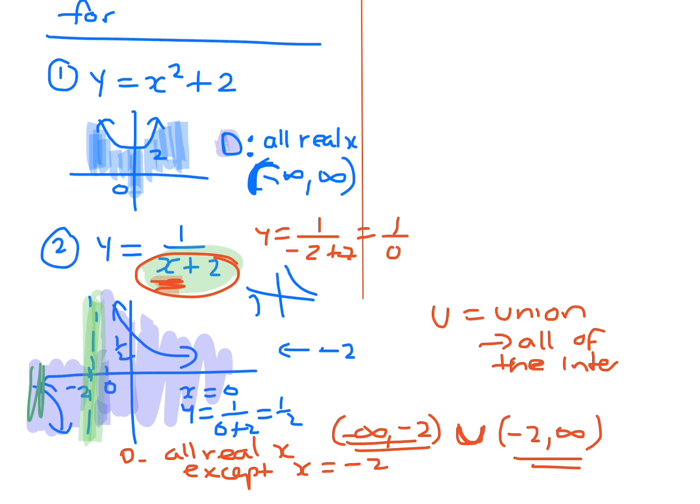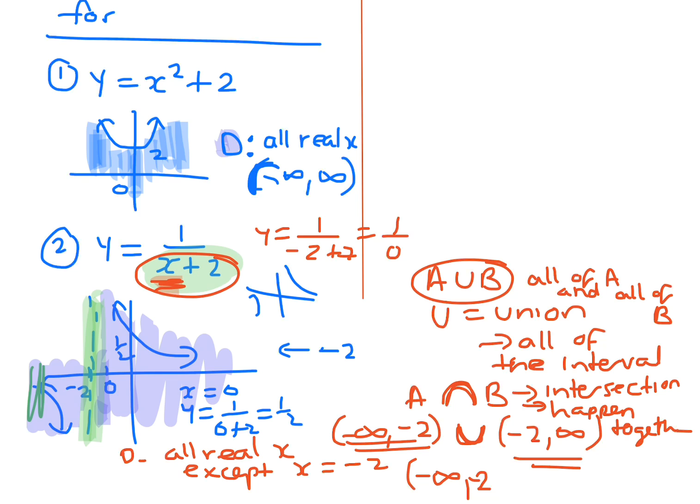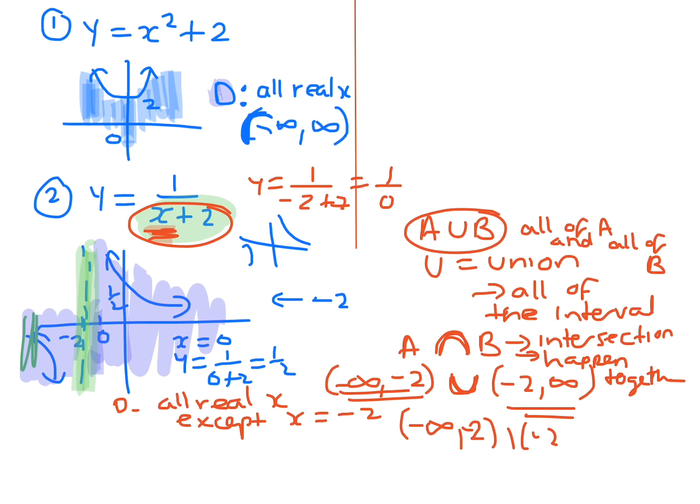So if you have A union B, that means all of A and all of B. But if you go like that, that means intersection. So A intersection B is where they happen together. That's why you wouldn't put an intersection there. You could just go minus infinity to minus 2, comma, minus 2 to infinity as your interval notation.